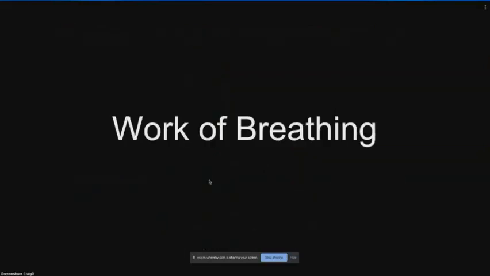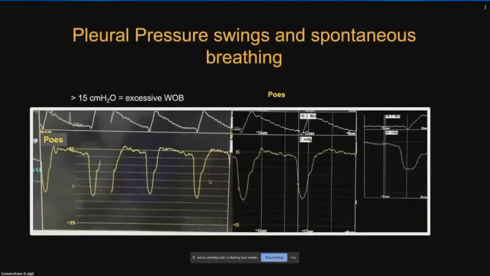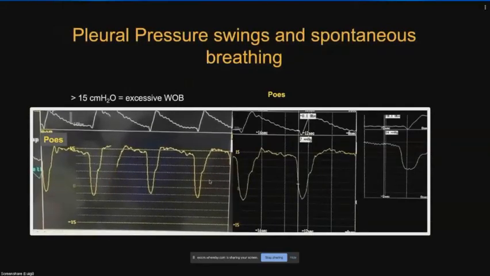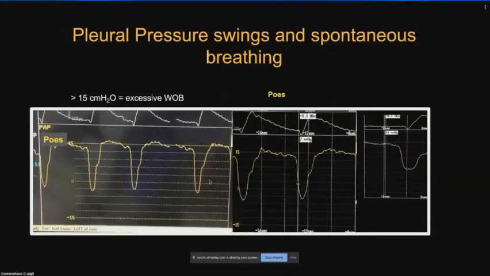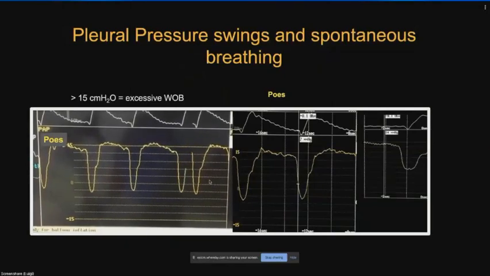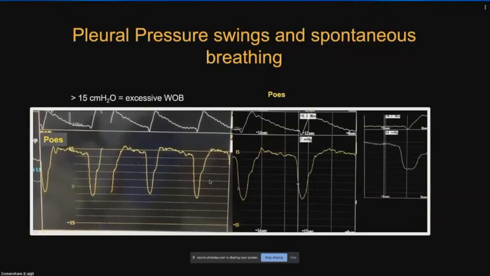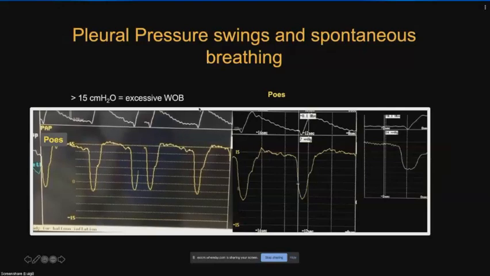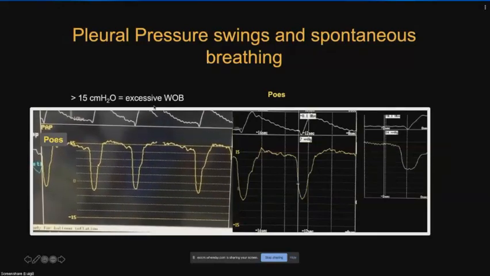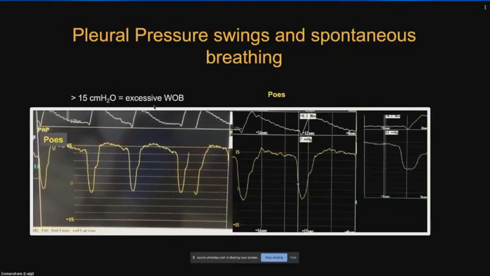The other thing is about work of breathing. Clearly, CPAP or non-invasive ventilation can support work of breathing, but you can see that the work of breathing needs to be monitored. Clearly, the gold standard would be the use of esophageal pressure. You can see a movie there and a waveform, and you can see that if the work of breathing is excessive, that will dictate immediate intubation of this patient.